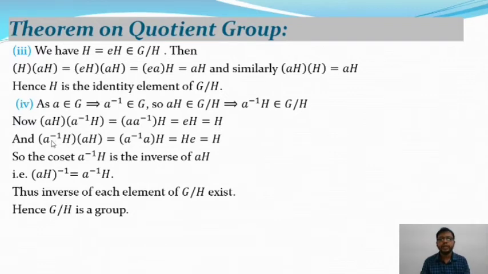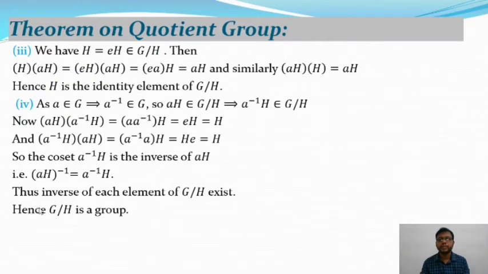As well as (a inverse H)(aH) equals, similarly from this, (a inverse a)H, which equals H. So the quotient a inverse H is the inverse of aH. So (aH) whole inverse equals a inverse H. This is the inverse property of G/H.